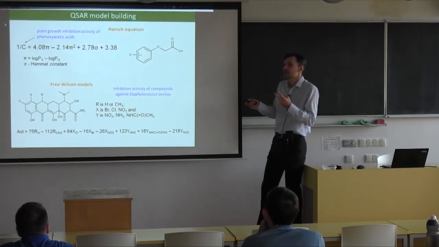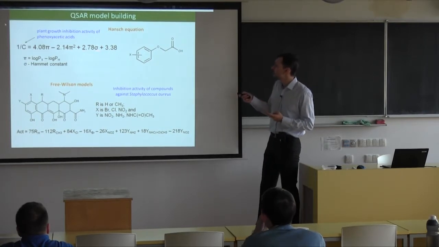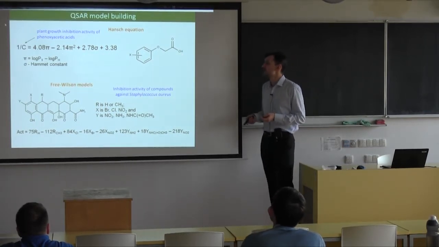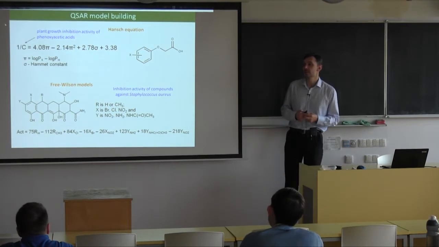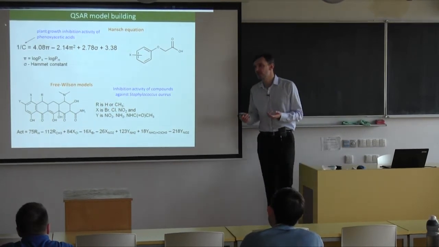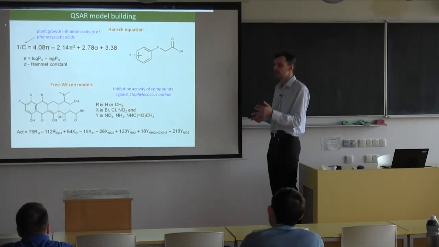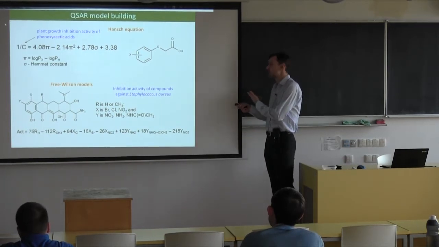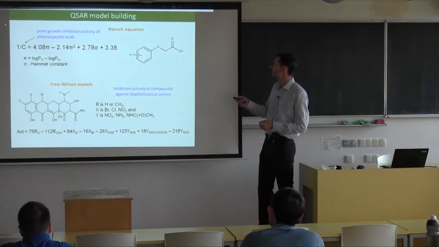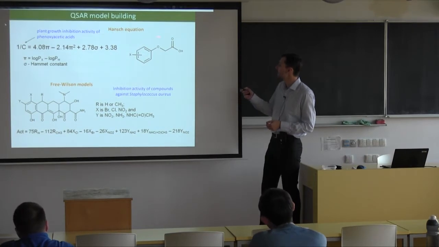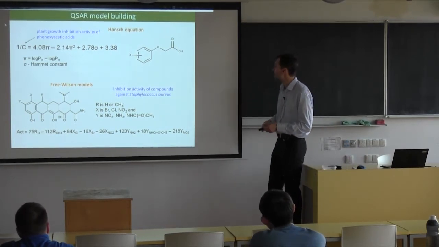And it is enough to predict the inhibitory activity of phenylacetic acid on plants' growth. It's quite a nice concept. So you just need 2 variables and you can predict the property of your compound. But of course, the applicability of such a simple equation trained on a limited number of compounds is also limited.